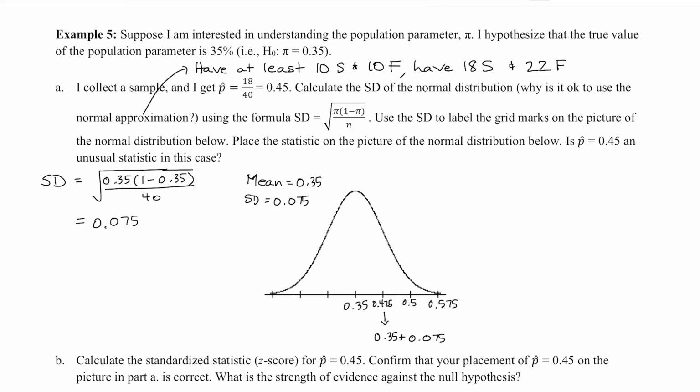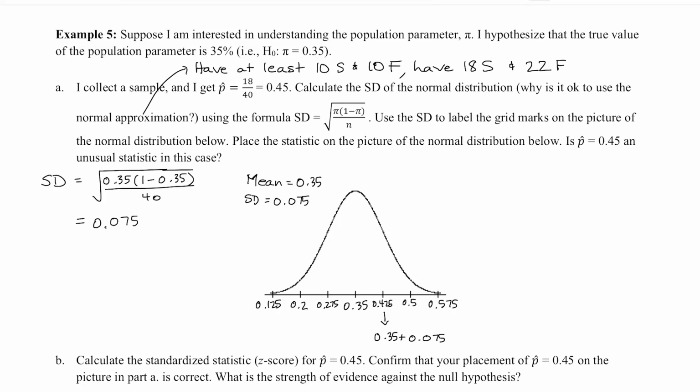Then if we work from the other direction, starting from the center to the left, if we're at 0.35 and we subtract 0.075, we should get 0.275. So again, take 0.35 minus one standard deviation. 0.35 minus 0.075, and you should get 0.275, and then if you take 0.275 and subtract 0.075, you get 0.2, and then if you're at 0.2 and you subtract 0.075, you get 0.125.